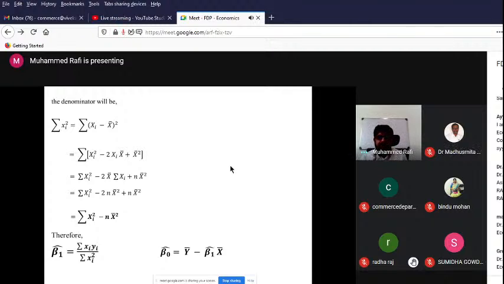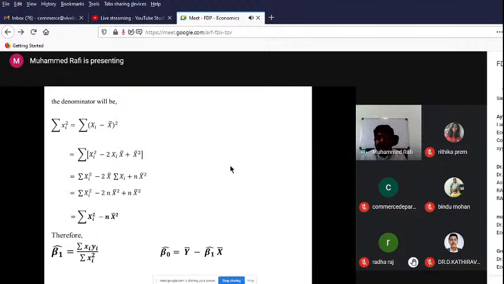So you can apply these two equations. You can find the value of beta 1 cap, which is equal to sigma xi yi, where x and y are the deviation of actual value from its mean, divided by sigma xi square. And beta 0 cap also you can find out using these equations.